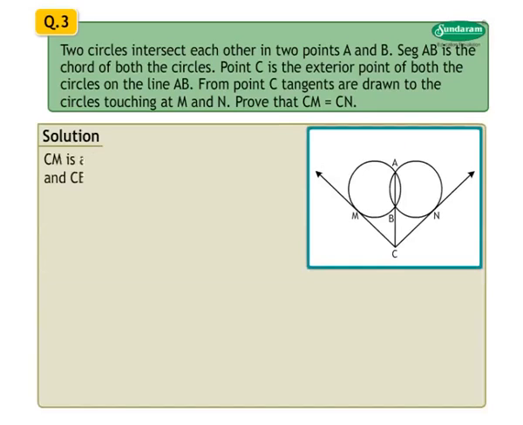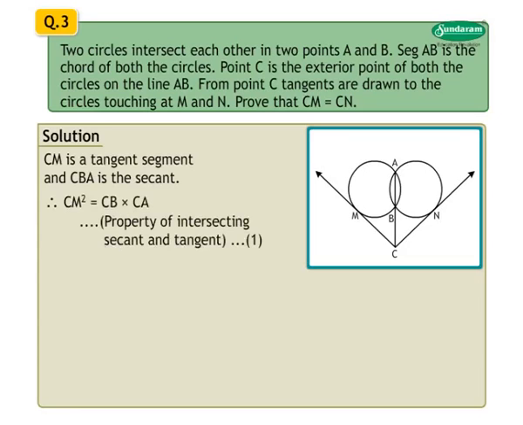Solution. CM is a tangent segment and CBA is the secant. Therefore, CM square is equal to CB into CA by the property of intersecting secant and tangent. Mark this as 1. Similarly, CN is a tangent segment and CBA is the secant.